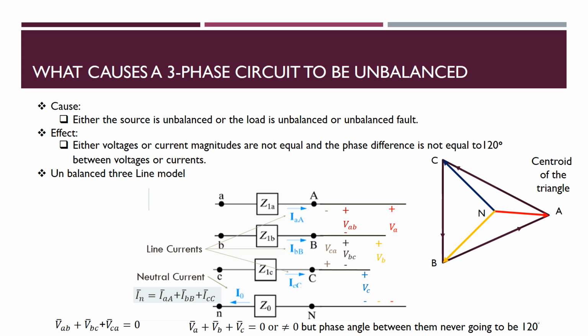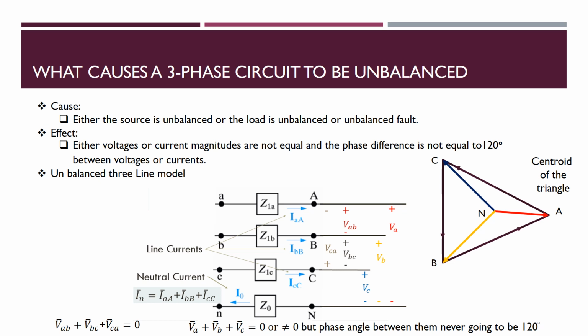Further, VAB plus VBC plus VCA is equal to 0. It's a rotation, right? VAB is equal to VA minus VB, VBC is equal to VB minus VC, and VCA is equal to VC minus VA. If you add all of them together, it gives you the 0 value.